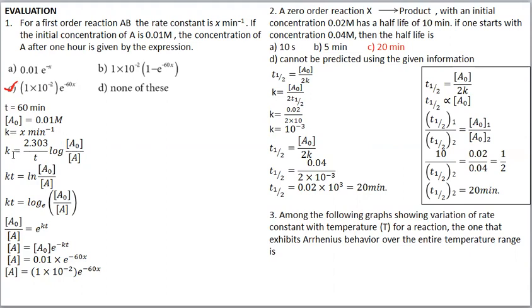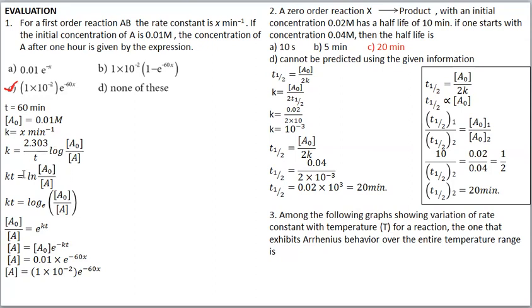Then first order rate constant k equal to 2.303 by t log A0 by A concentrations. Then we know that 2.303 log is equal to ln, natural log. Since here you see in all the answers e power time is there, so we can convert into natural log.